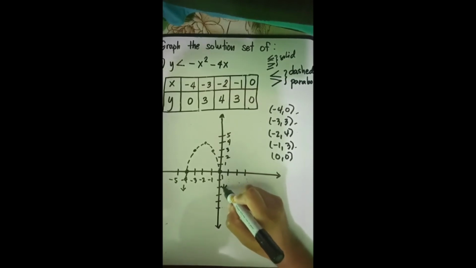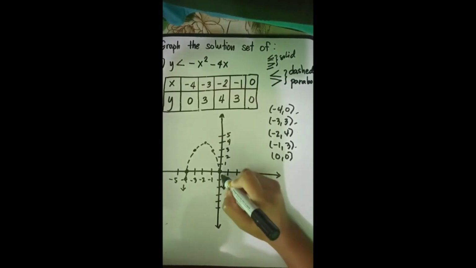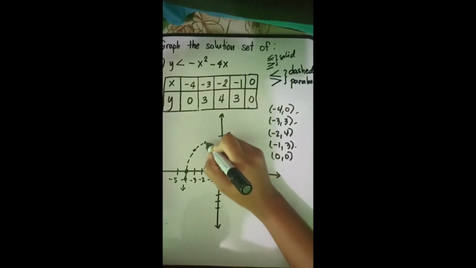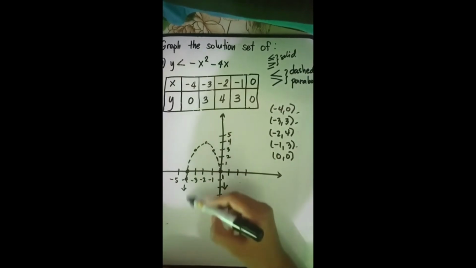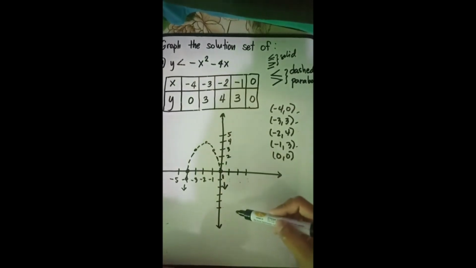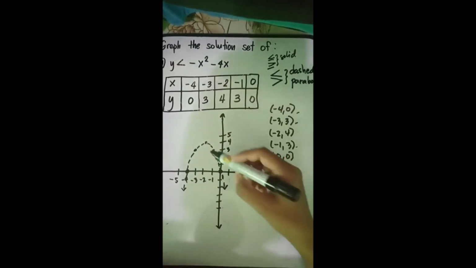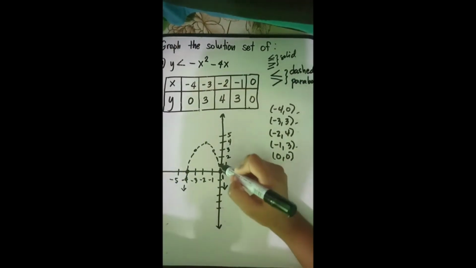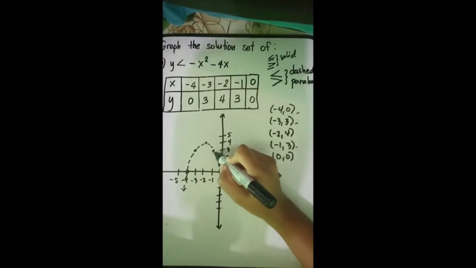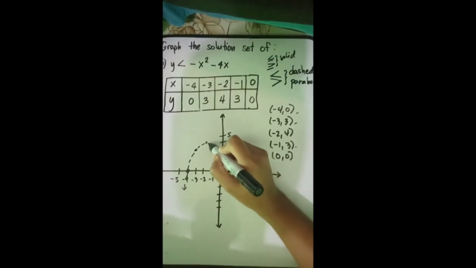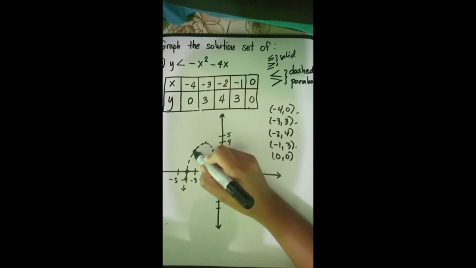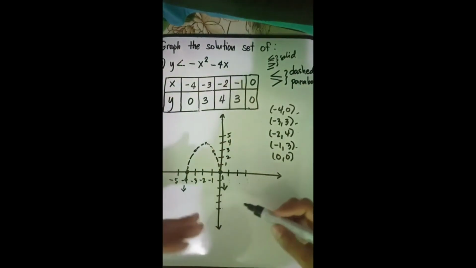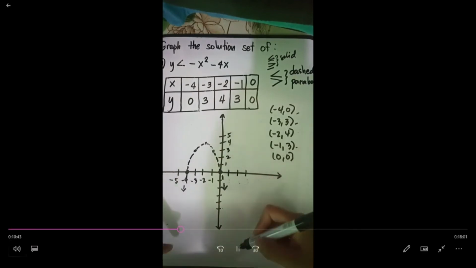Okay? Huwag niyong kalimutang ilagay yung arrowhead pag nagdraw kayo ng parabola dun sa magkabilang dulo to indicate that your parabola goes on. Para i-indicate na yung graph o yung parabola natin goes until pababa, downwards.